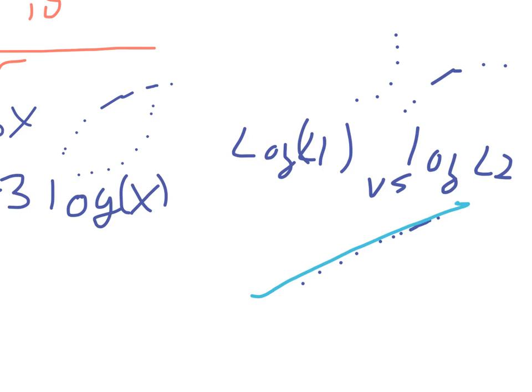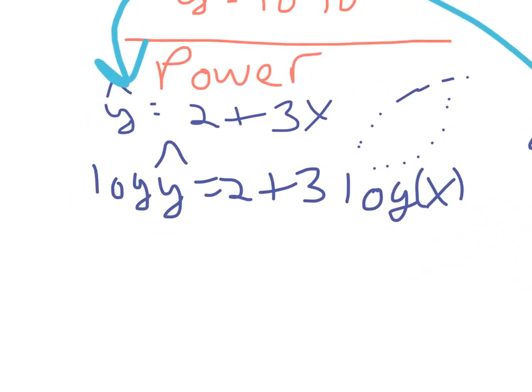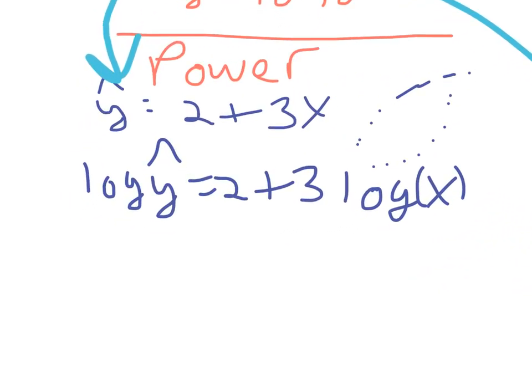So that equation is my y hat that is listed right here. But where did it come from? It came from logging both. So now the hard part is, how do I get log out of there? What did I do before? I exponentiated. This time, the 10 cancels out the log.